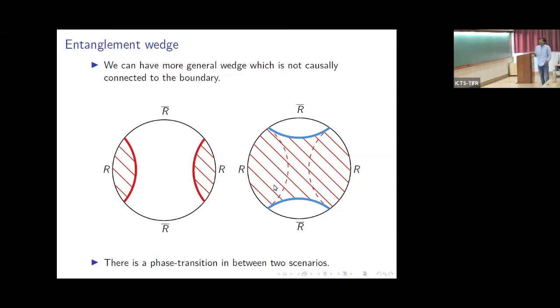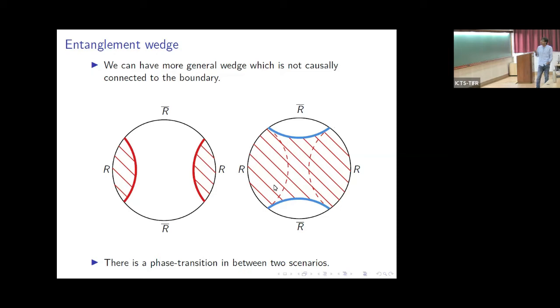Now, if you increase its length, making this R region bigger, then at some point you find that these red lines are not minimal anymore. So you find these blue lines, which are now our minimal surfaces.